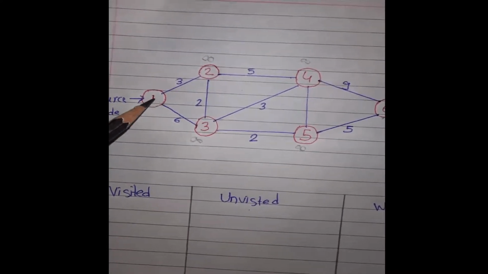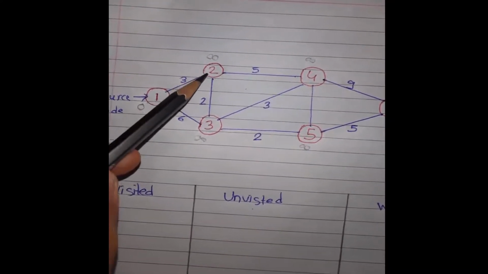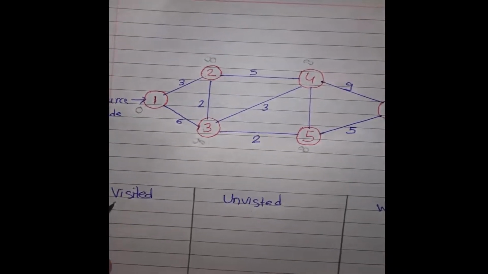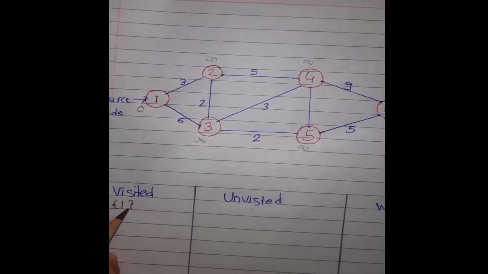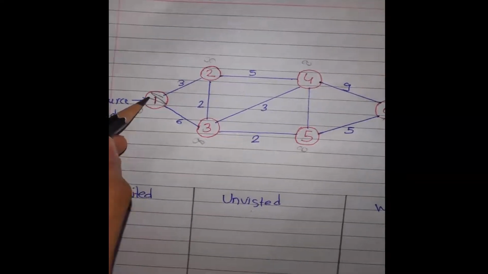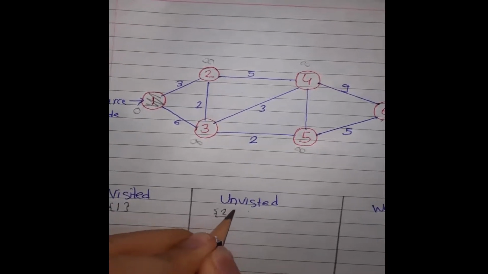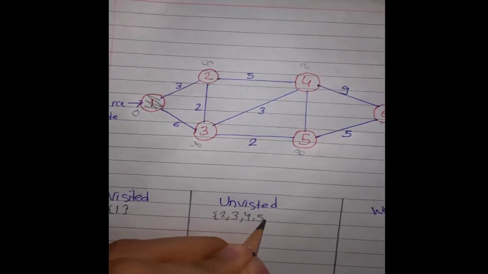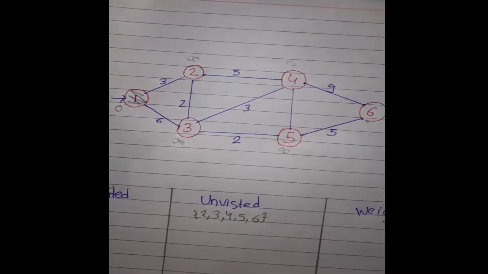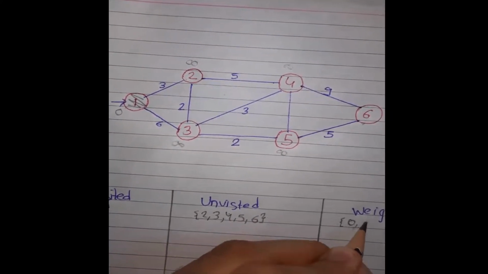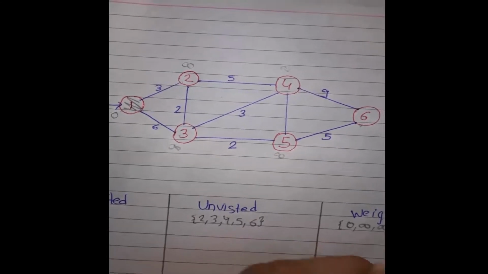We are considering only neighbor nodes, which are 2 and 3. So I mark 1 as visited, and unvisited are 2, 3, 4, 5 and so on. So the weight, meaning distance, is 0 for the source and all others are infinity.